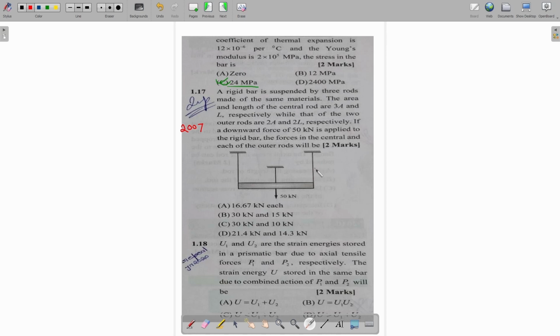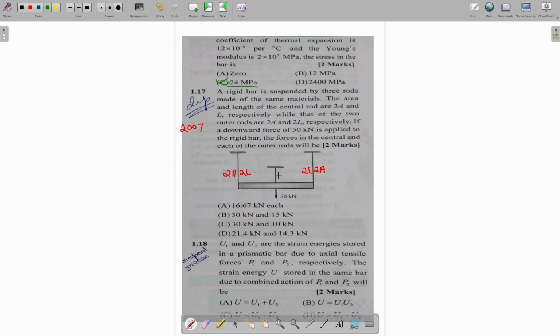What is given is that the outer rods have cross-sectional area 2A. This one has 2A cross-sectional area, and this one also has 2A cross-sectional area. The length is 2L here, and the length is also 2L here.